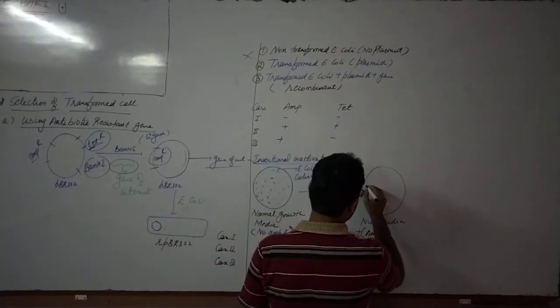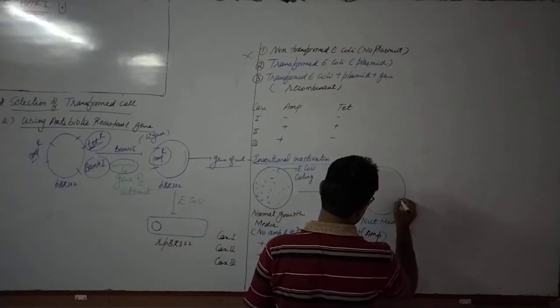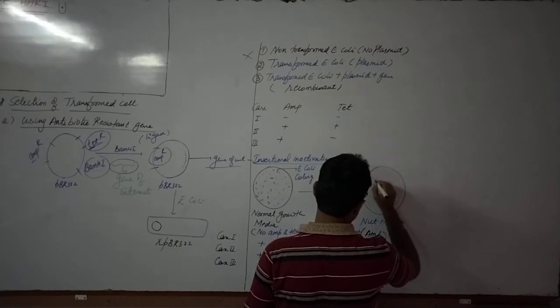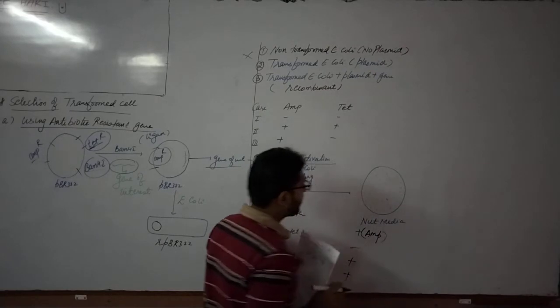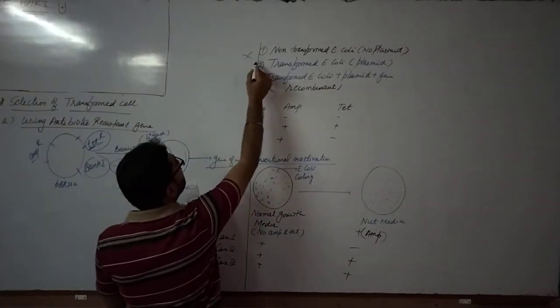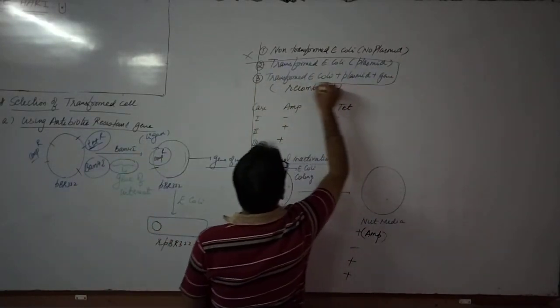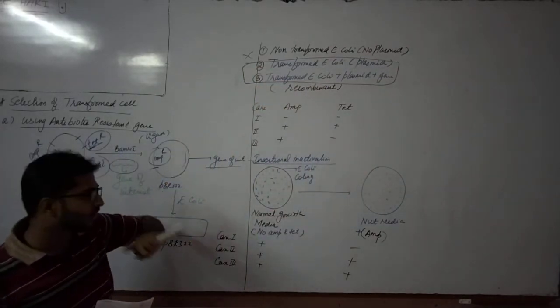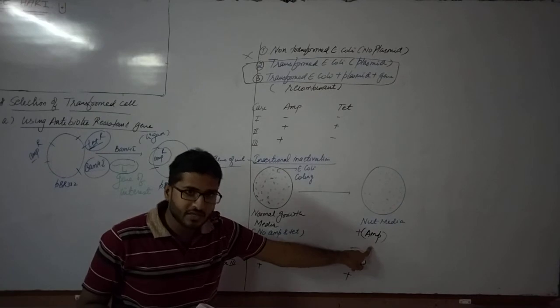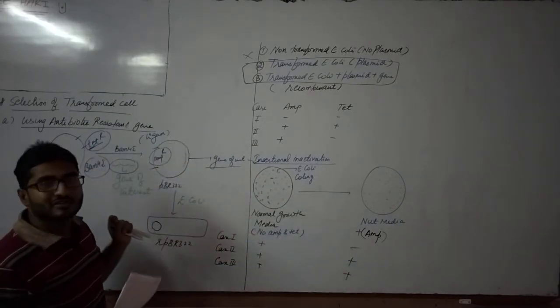So here the simple meaning is that now we are interested in these two, the transformed plasmid and the recombinant plasmid. In ampicillin-containing media, which cells will grow?